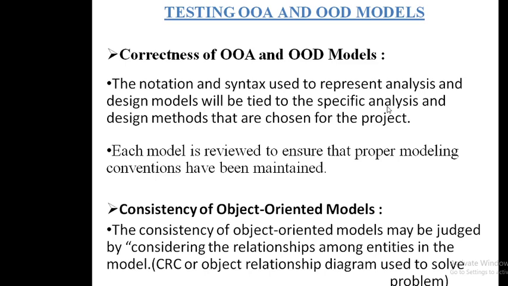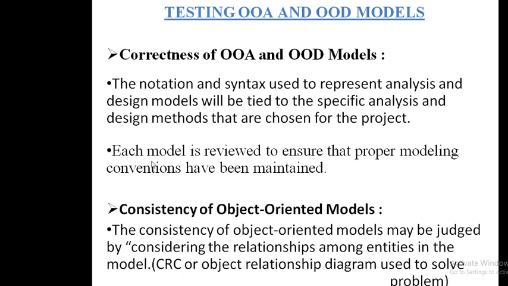When you are developing any project, to maintain correctness in the object oriented analysis and object oriented design environments, we must use the proper representation of notations and syntax which are specifically designed for the analysis and design methods chosen for your projects. That means we must choose proper design models, notations and syntax for our projects.